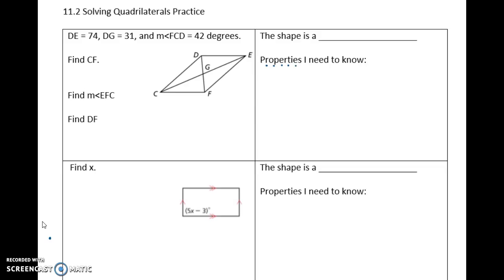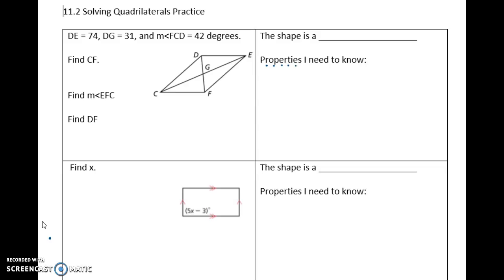Now, this is very vague. They're going to give you some lengths. They're going to give you an angle measure, but the one thing I don't see here is what kind of quadrilateral they're referring to. So, you know what?